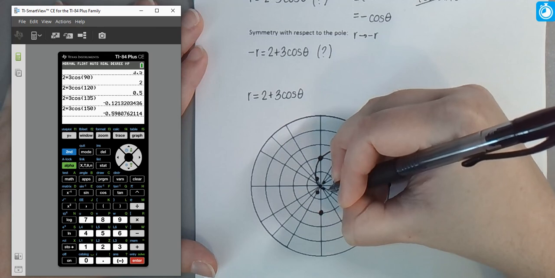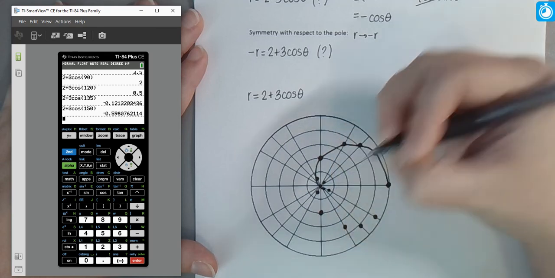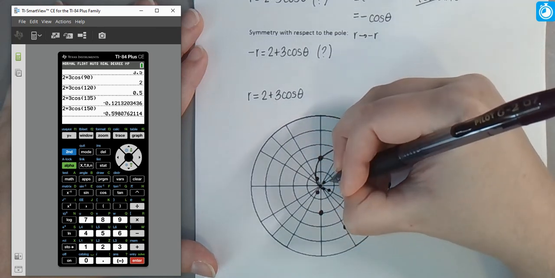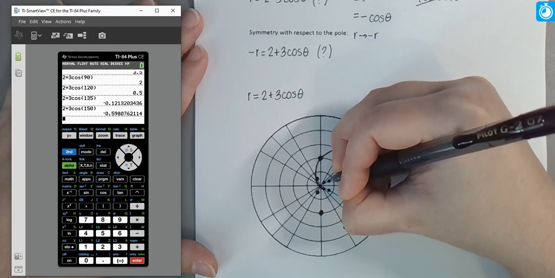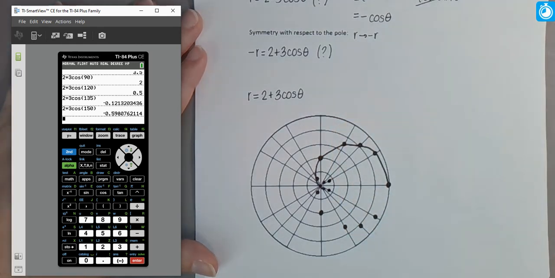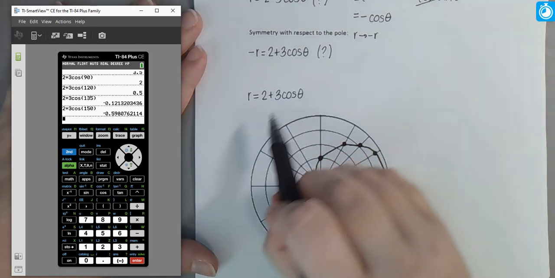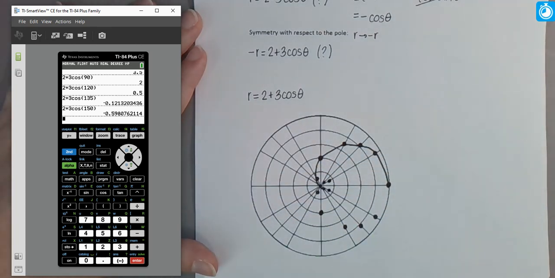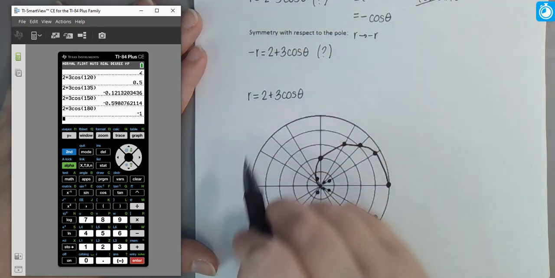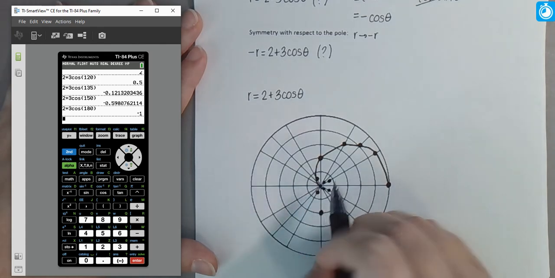So somewhere about here. And again, we have a matching point that's symmetric on the other side of the polar axis. And then what happens if we get to 180? 2 plus 3 times the cosine of 180 degrees. And that takes us to negative 1. So at 180, we're at negative 1.